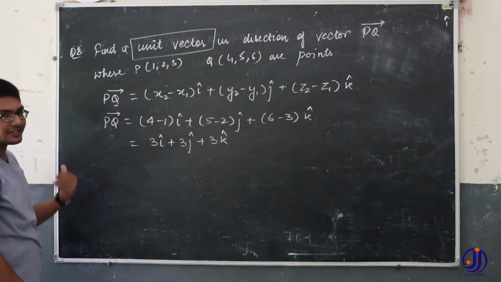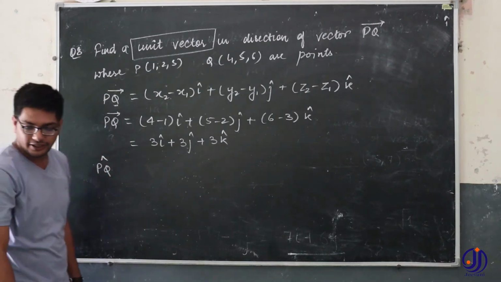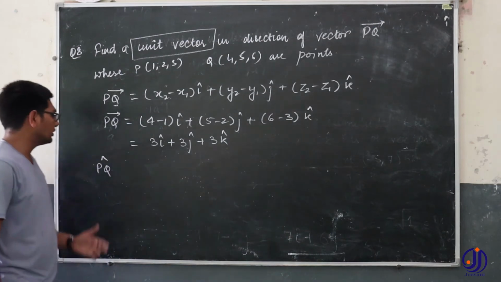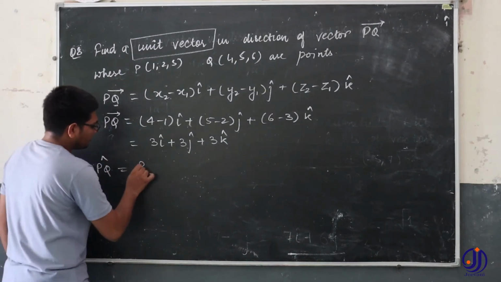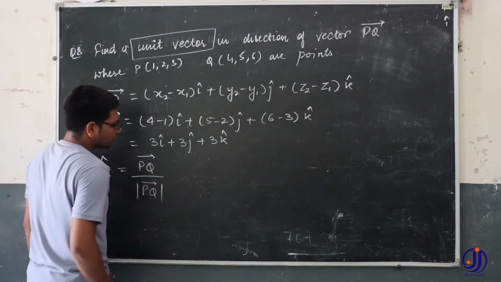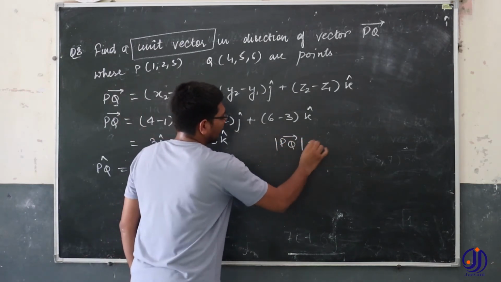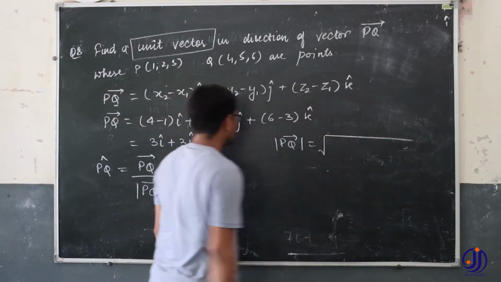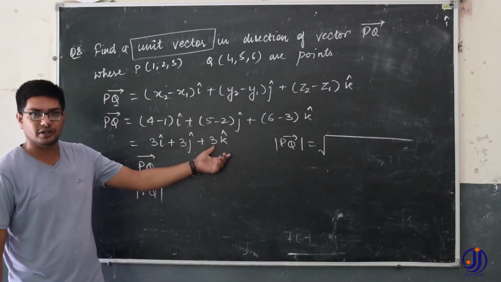As we discussed in the previous problem, the unit vector PQ is given as the vector PQ divided by its magnitude. So first of all, let us calculate the magnitude of the PQ vector. It will be under root x component square plus y component square plus z component square.